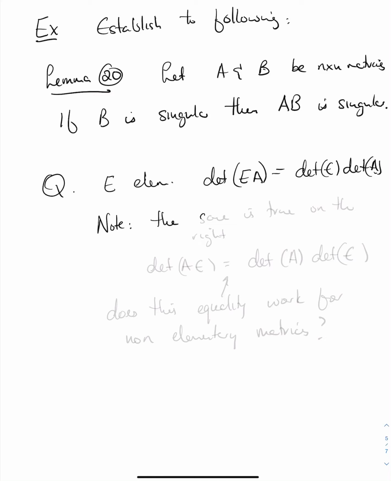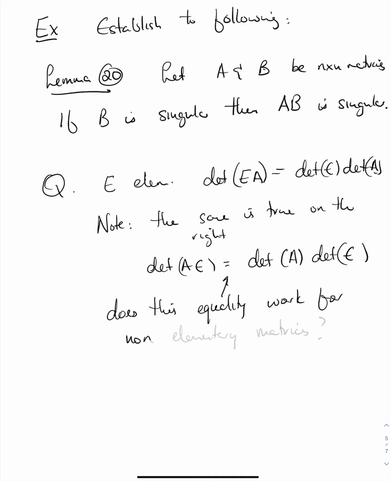The same is true on the right, that the determinant of AE is equal to the determinant of A times the determinant of E. You might also ask yourself, does this equality work for non-elementary matrices?